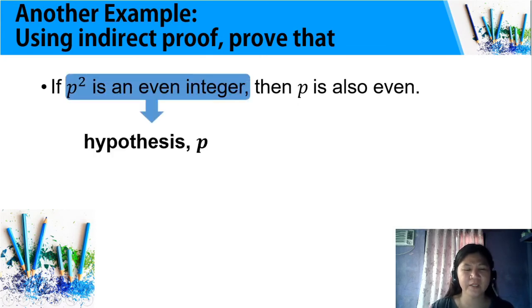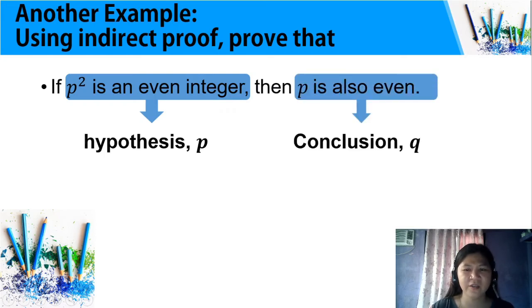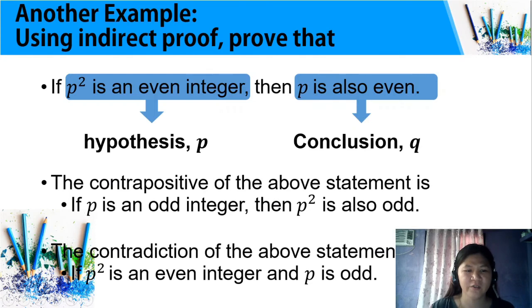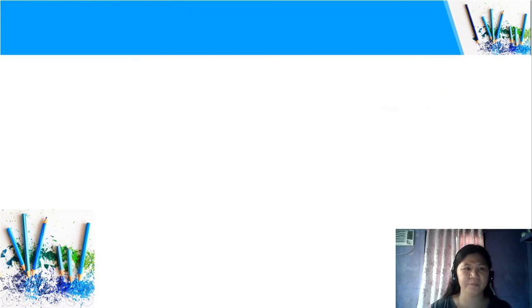P squared is an even integer is our hypothesis, and p is also even is our conclusion. For the contrapositive of the above statement, if p is an odd integer, then p squared is also odd. For the contradiction of the above statement, if p squared is an even integer and p is odd.